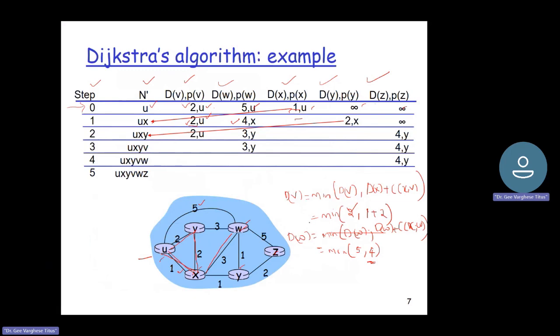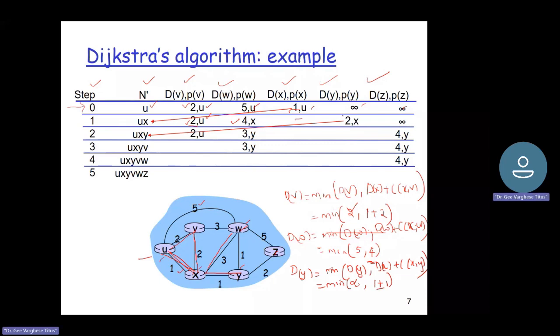And now for Y, again the same Dijkstra's algorithm. You want to compute what is your new cost of sending data to Y. This is the minimum of your present cost, or you send it to X and then forward that to Y. The original cost was infinity, or else D(x) is 1, plus 1 from X to Y, so that is basically 2.